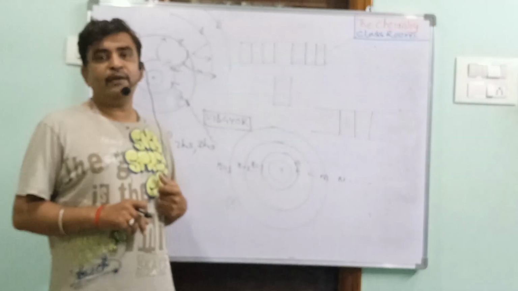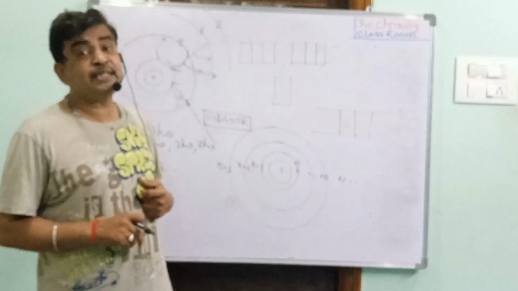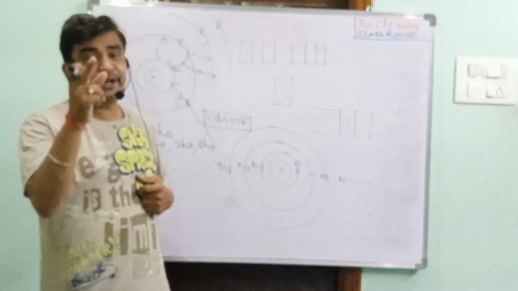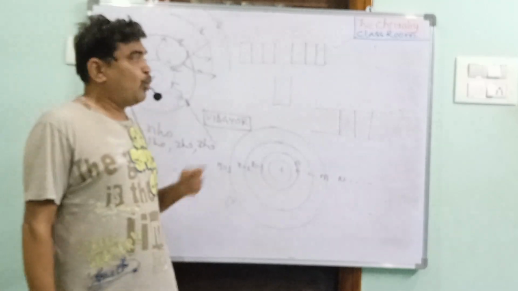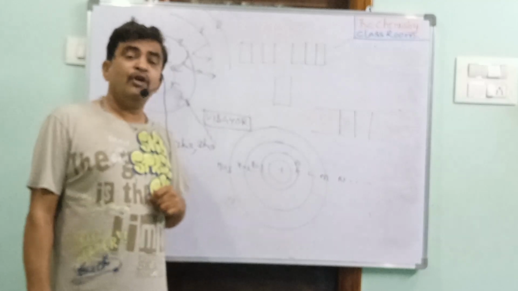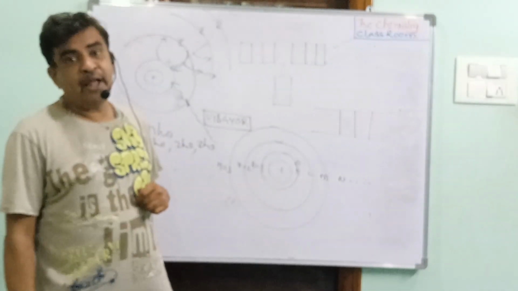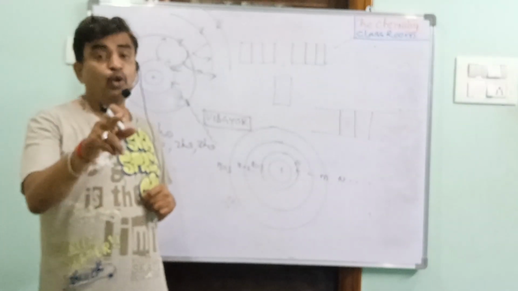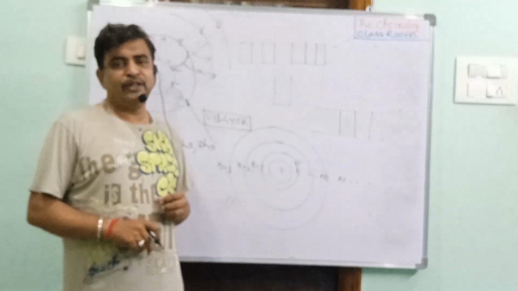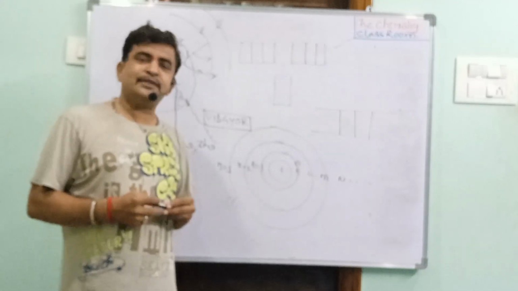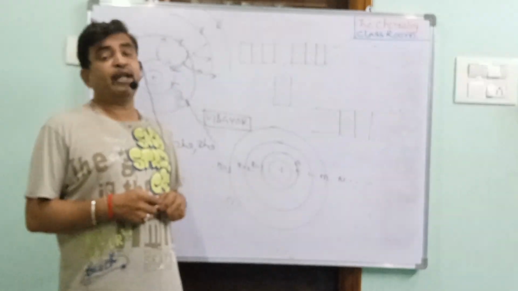When you read that way, the topic is definitely going to be understood. One more benefit is that you can easily attempt Part B. Why? Because when you observe word to word, Part B is very easy for you and you can cover every bit. Whatever the topic, you have to read line to line, word to word.